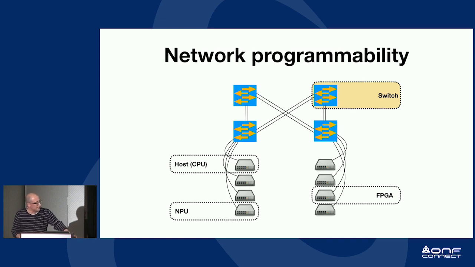And in the past decades, people have also looked at other types of parts, such as FPGAs and NPUs. And during the last decade or so, there has been an increased availability of programmable switch ASICs.